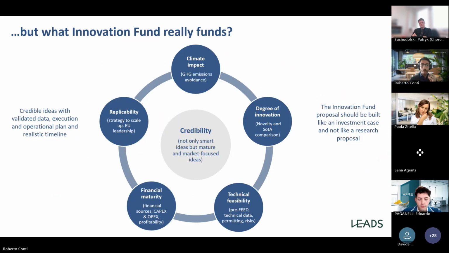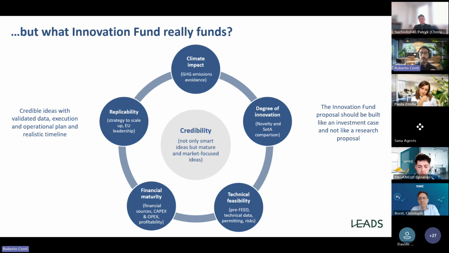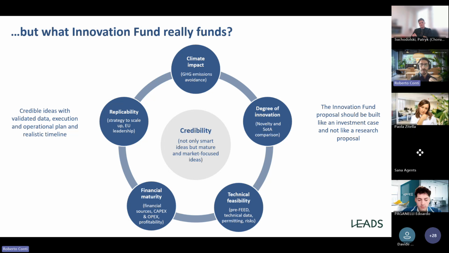But what does Innovation Fund really fund? Innovation Fund finances projects that are innovative, novel, but also credible and substantially mature. So you can see here in the middle of this slide, credibility.